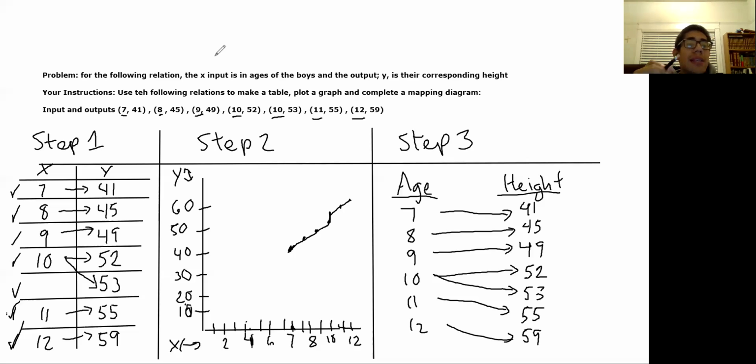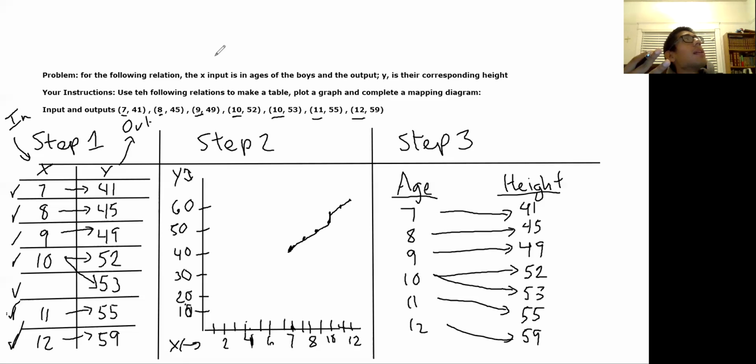Remember, the x is the input, right? This is what we put into the equation, and this is what we get out of it. We can't put 10 inside of an equation, do some math with it, and then get 2 different answers, right? That isn't the case.